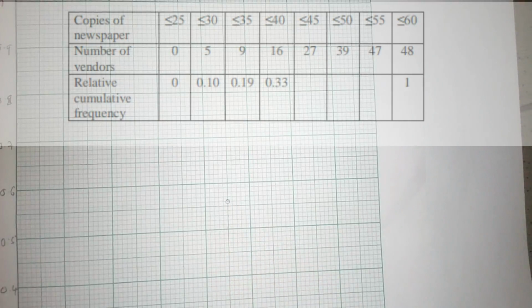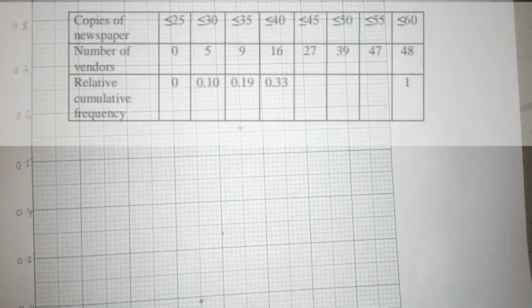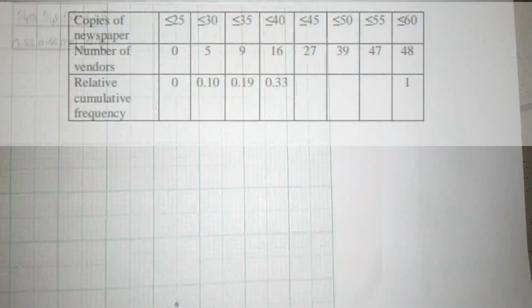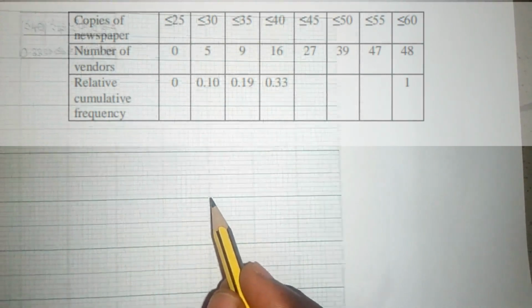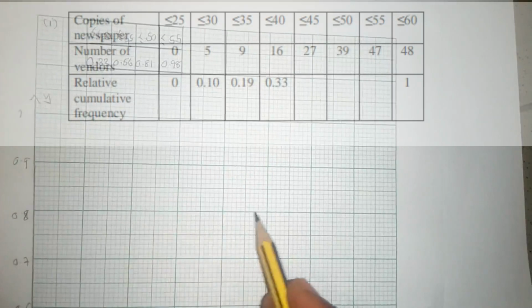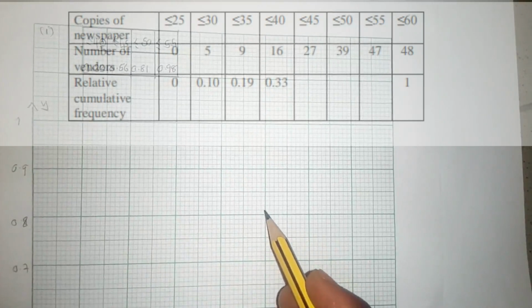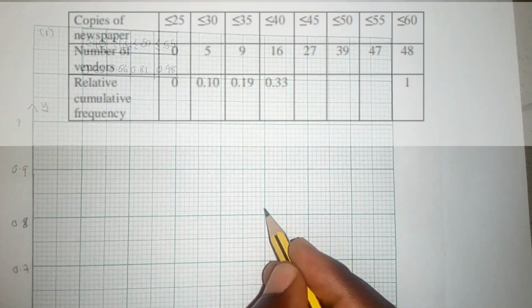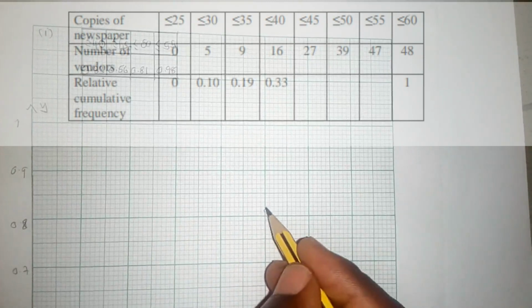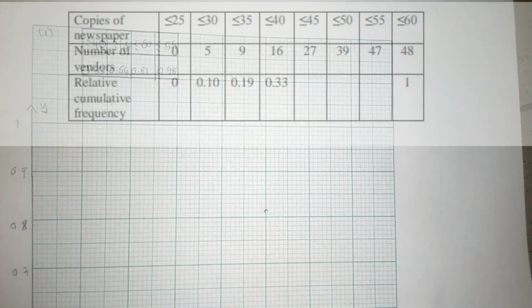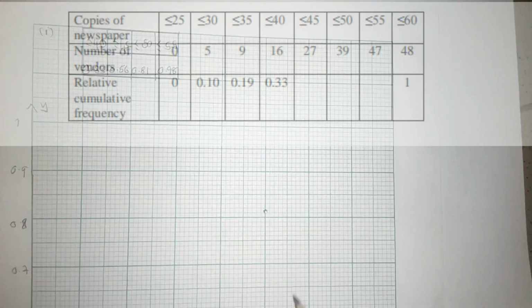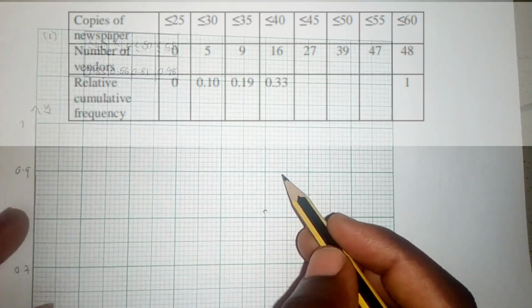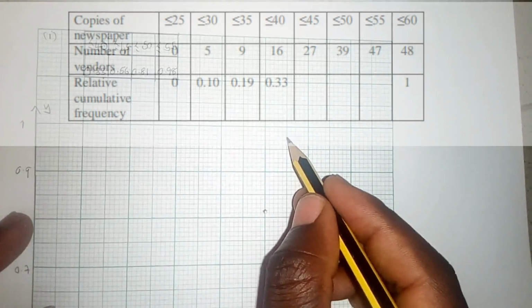We go to the next one, which is 50, 0.81. So 0.8 is over here, 50 is this one, 0.81 is here. Next, we go to 55, 0.98. So 55 is this one, 0.9 is here, 0.98 is supposed to be here.